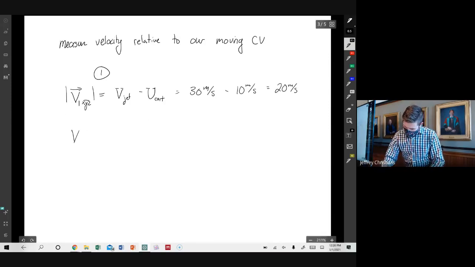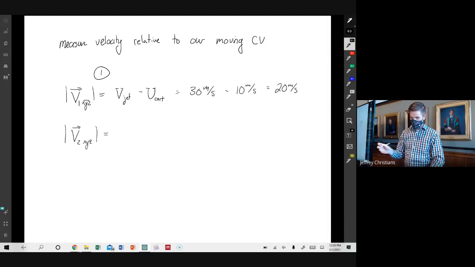At side 2, again, the magnitude of the velocity is actually going to be the same thing, because it's coming in towards you at 20 meters per second.